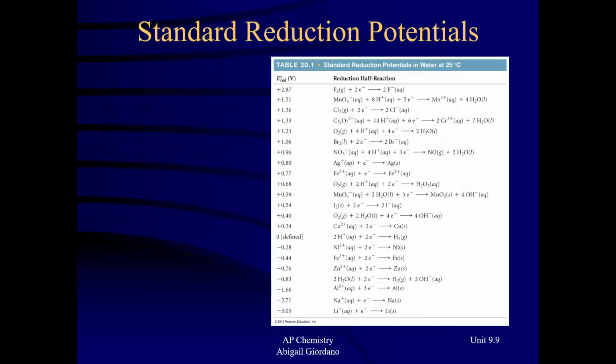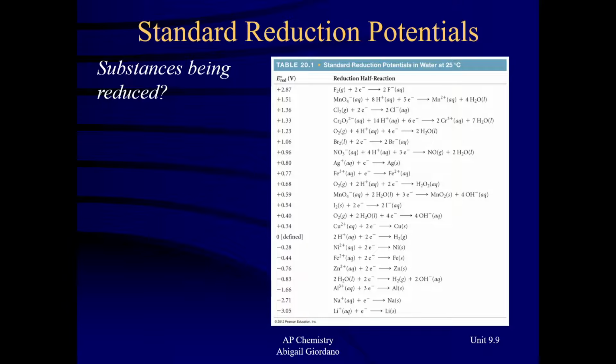For example, that very first half reaction at the top is showing fluorine gas gaining 2 electrons and being converted into fluoride ions on the product side. That's in aqueous form, so that's a reduction. And the potential just to the left of it tells us that when this reduction half reaction takes place, 2.87 volts would be produced.